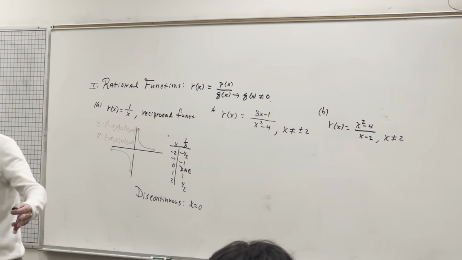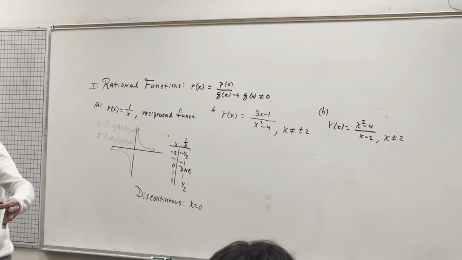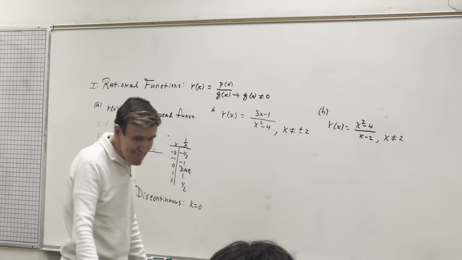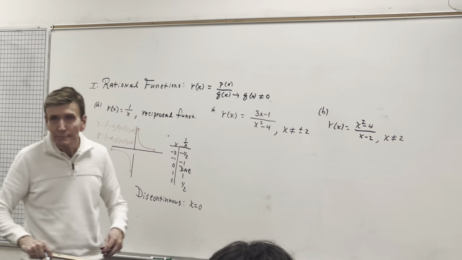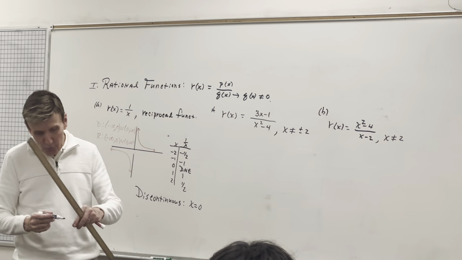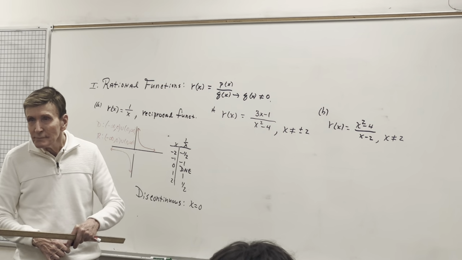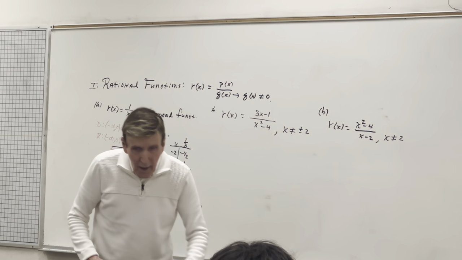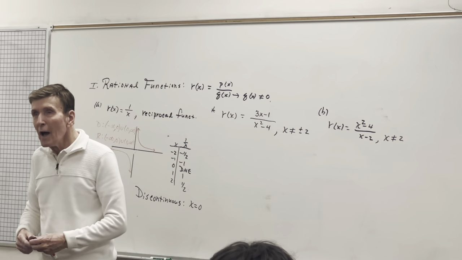And I actually want to graph this one. What's so unique about this rational function? The factor of x minus 2 cancels out, and the top, x squared minus 4, factors into x minus 2 and x plus 2.